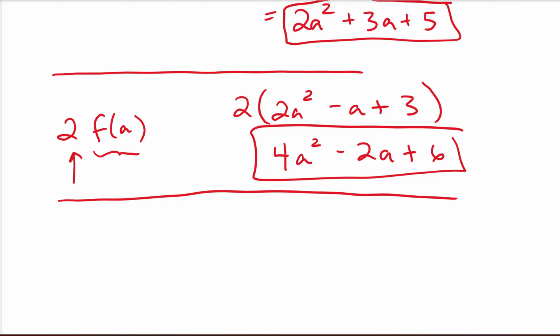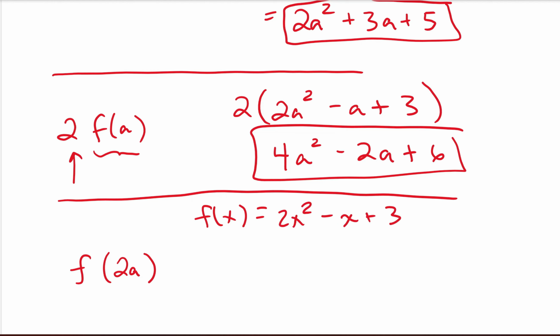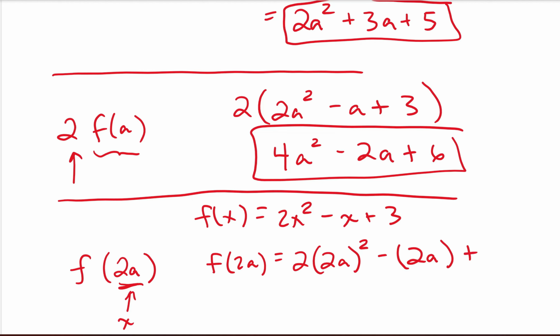Sometimes they may write, let's find f of 2a. Okay, so again, the original, you should have this as 2x squared minus x plus 3. So this time they're saying, let's just substitute 2a in for x. So f of 2a is equal to 2 times (2a) squared minus 2a plus 3.